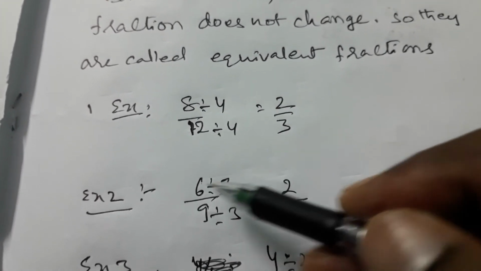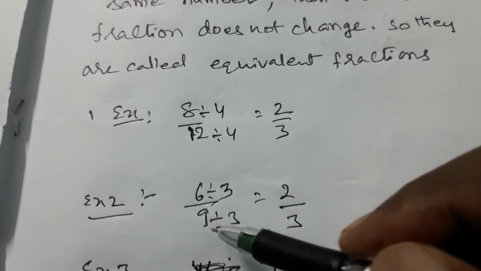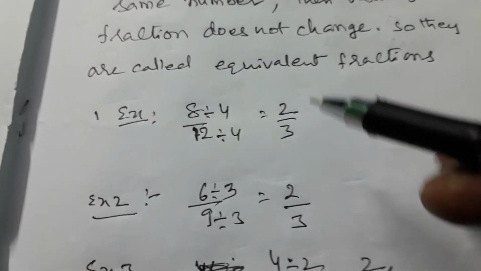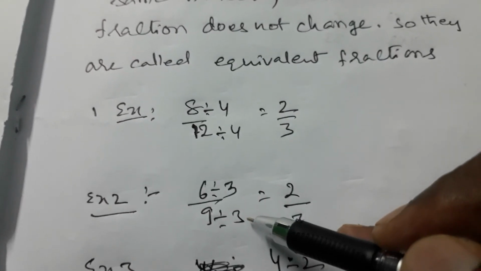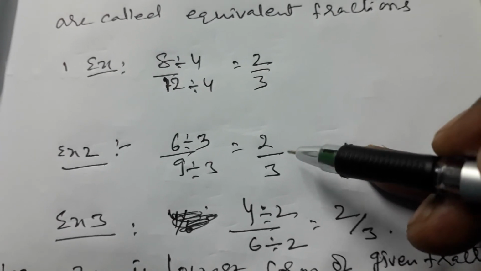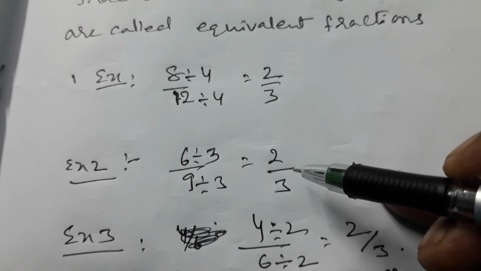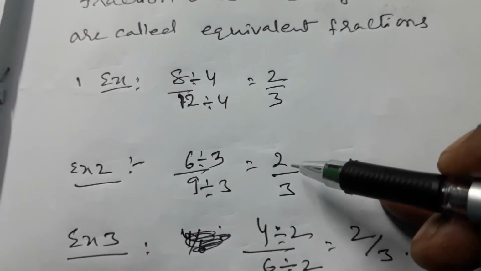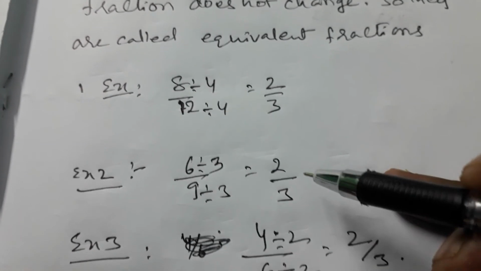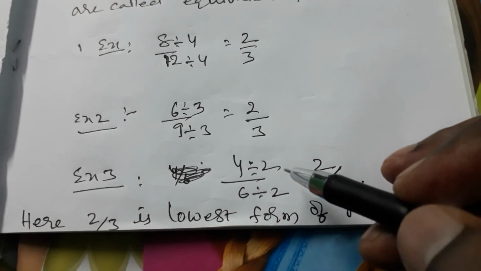If any table is possible in both, you take that table. But both numerator and denominator must be divided with the same number. Then only you will get a new fraction. This fraction is equal to 6 by 9, equal in value, but in lowest form. So these are all called equivalent fractions.